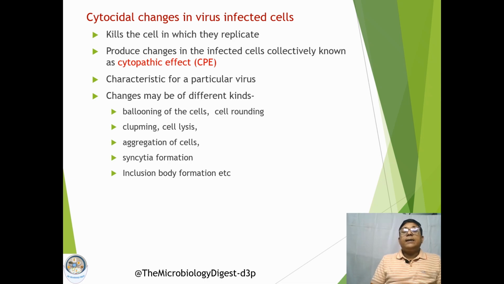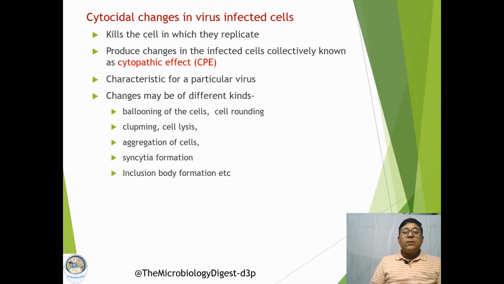Now, cytocidal changes in the virus-infected cell, meaning the changes which are due to virus multiplication, are collectively known as cytopathic effects. These are virus-induced alterations in the cell, or changes brought about by the virus in the cells.